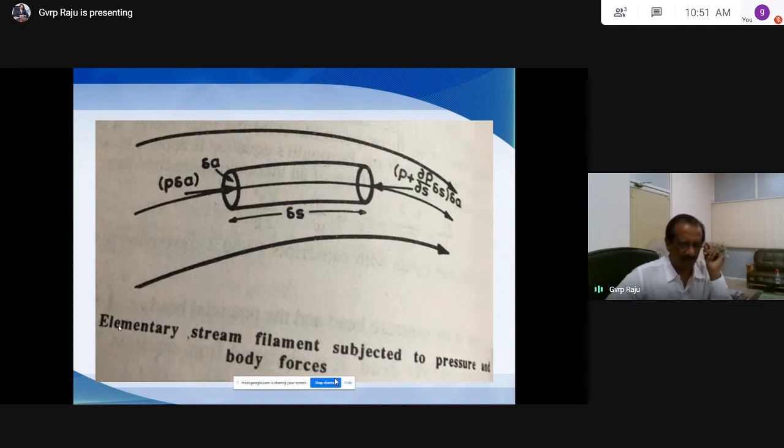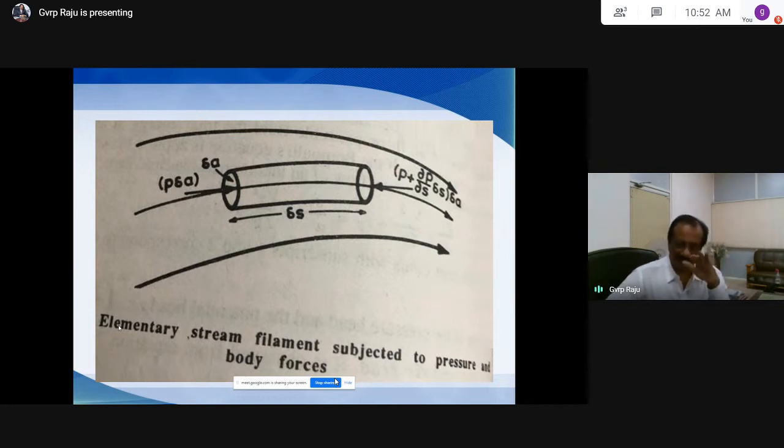There is only one procedure by which you can get Bernoulli's equation, which is when you consider the flow along the streamline. Derive Bernoulli's equation along the streamline for steady irrotational flow. It is a common question in any examination.